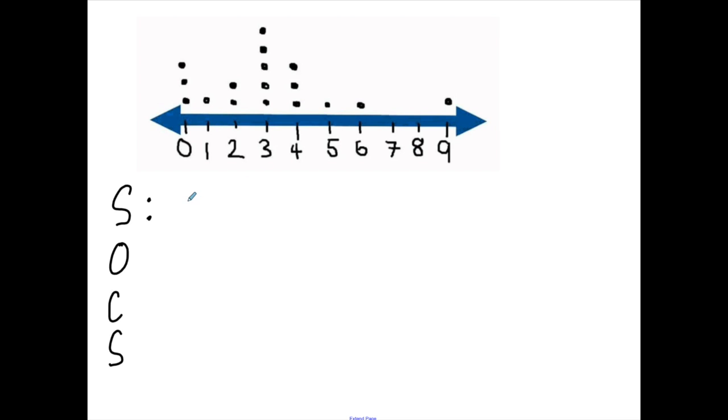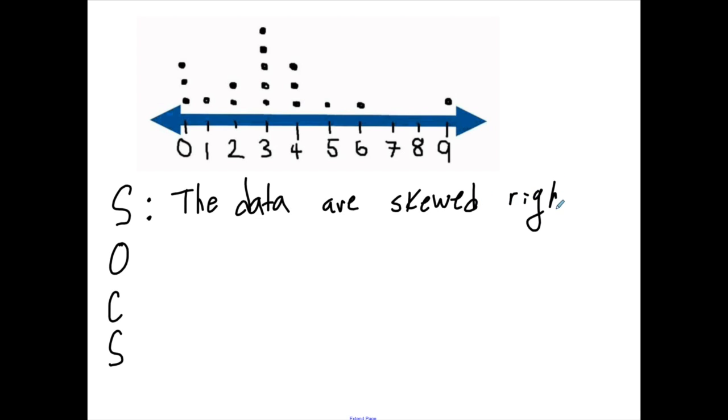So the kind of shape we see here is that the data are skewed right. Remember, data is plural, and there are multiple data points, so the data are skewed to the right.